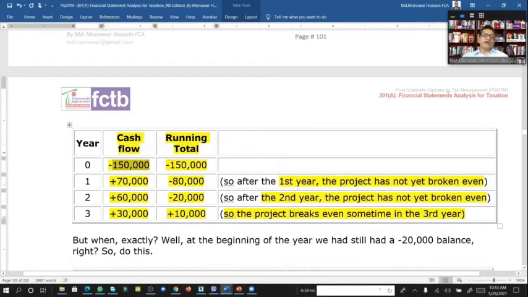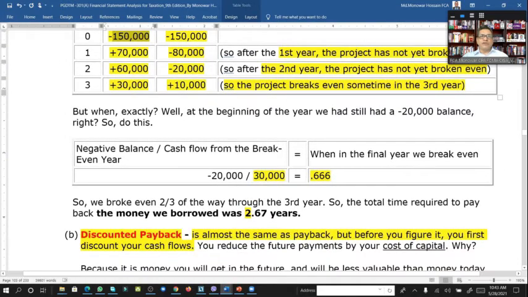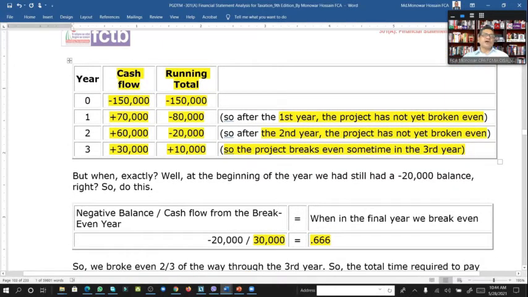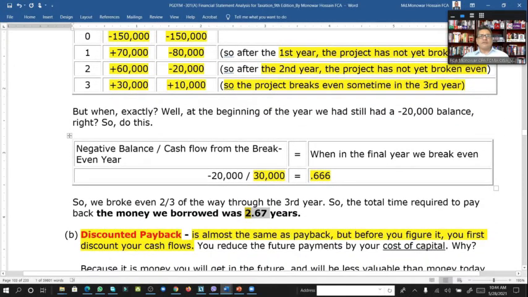This 1,50,000 we will get back within 2.67 years. So they are not considering the time value of money, because 1,50,000 in year 0 and 1,50,000 received within 2.67 years are not the same.